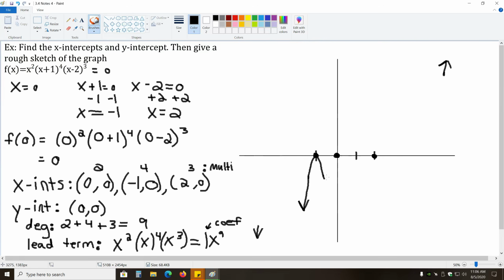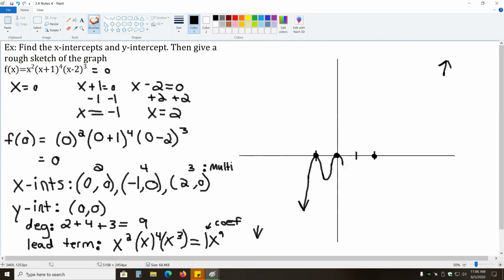But eventually it has to come back to this x-intercept, 0, 0. And because it has an exponent of 2, an even multiplicity, it will also bounce back. So it's going to look something like this.